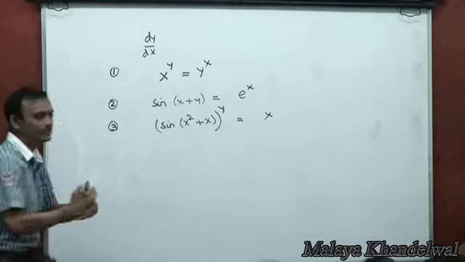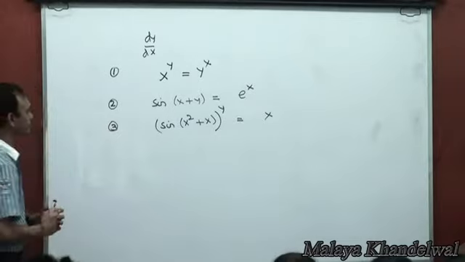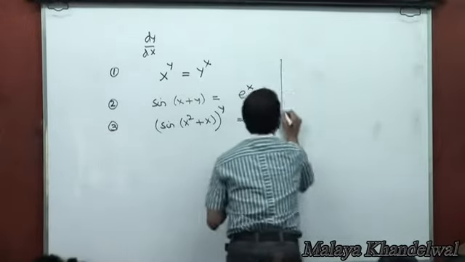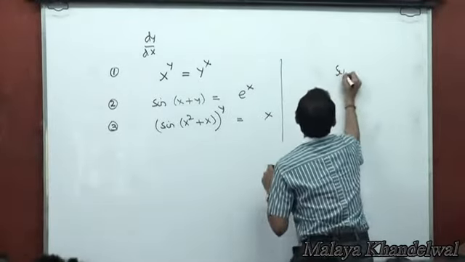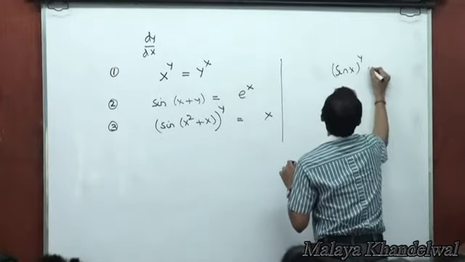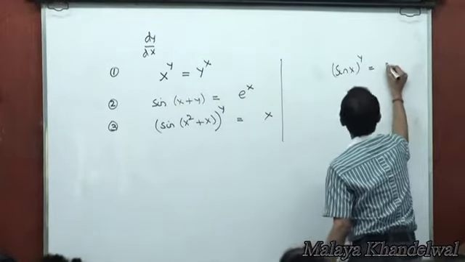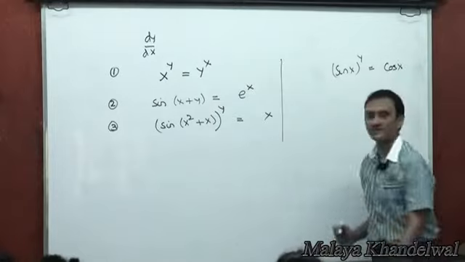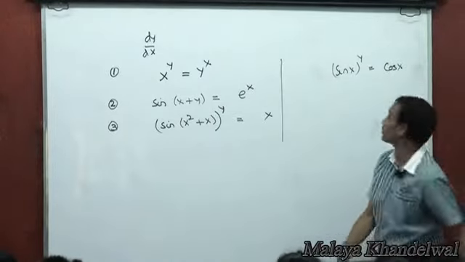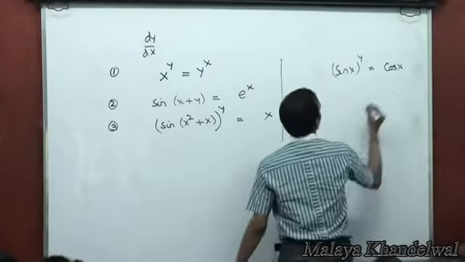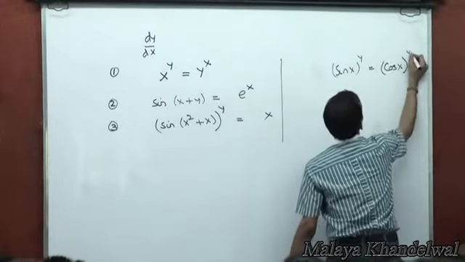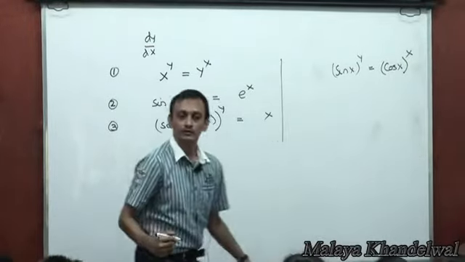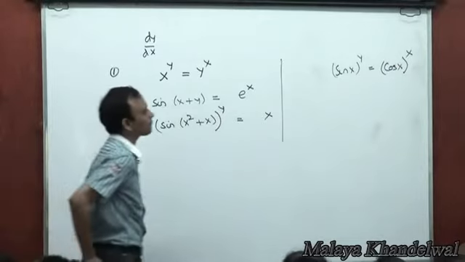Now let me just get you triggered into the game. For example, say if I had sine x to power y is cos x, for example, and I had to find dy dx out of it. Or let me make it a little more filthier. Cos x to power x. Okay.